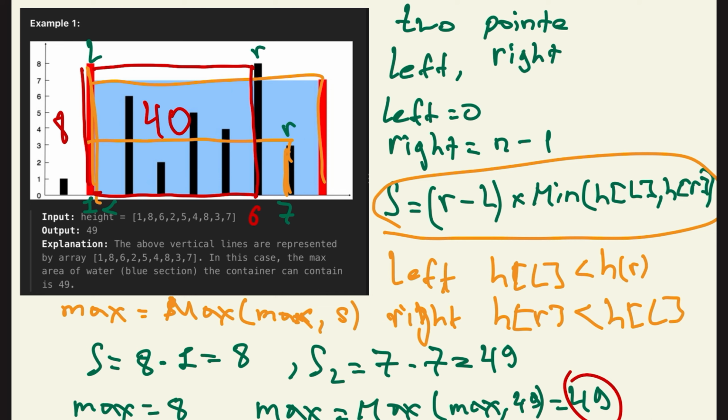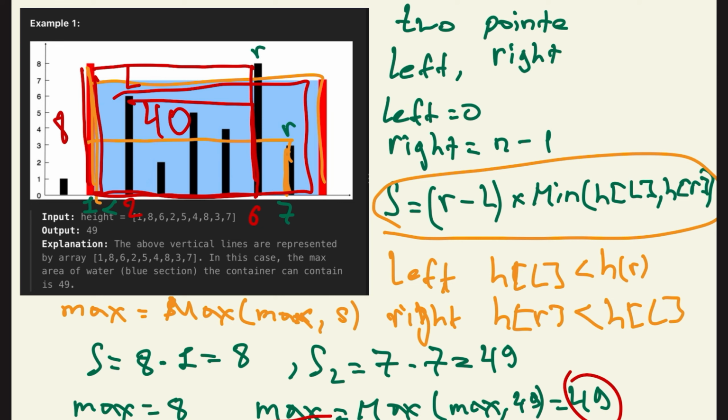So we don't change the value of our variable max. They are equal, and no matter what we need to move, let's move left. Left will be at the second index, and that's currently less than it.